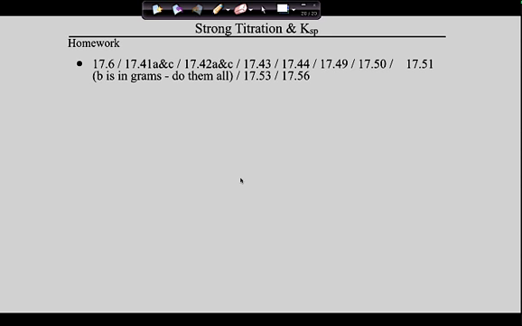Then we're in the 40s. KSP starts at 49, so you won't do 49, you won't do 50. Don't do anything past 49. So basically your homework just goes through 44.